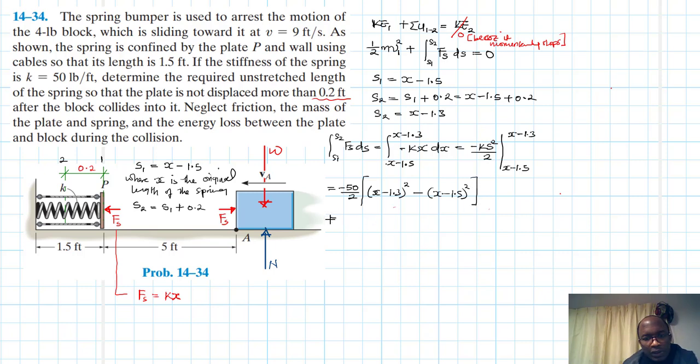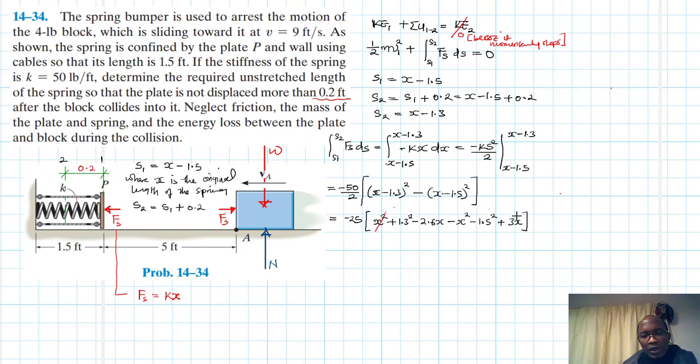So this becomes minus 25. Then we have x squared plus 1.3 squared minus 2 times 1.3 times x, which is 2.6x, then minus x squared, then minus 1.5 squared, and the minus becomes a plus 2 by 1.5, which is 3x.